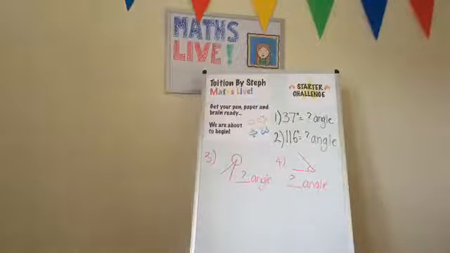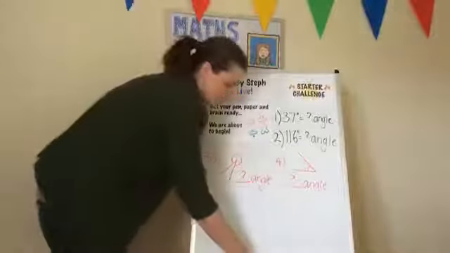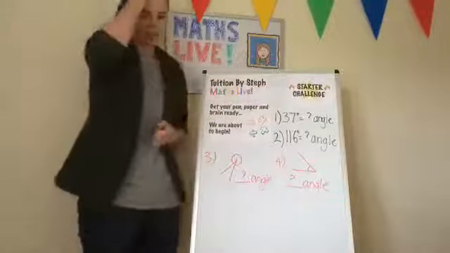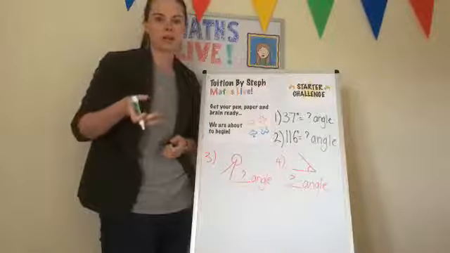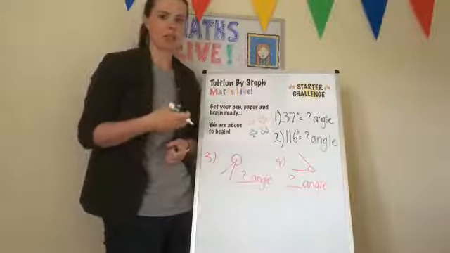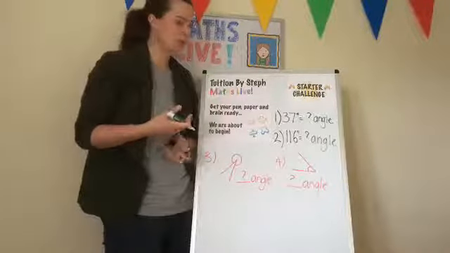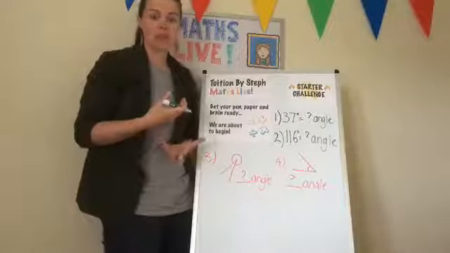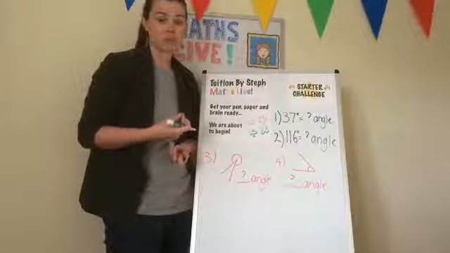Right, let's get started. We talked about yesterday all the different types of angles and we were identifying them. So this is a recap and then we're going to move on to calculating with them. We remembered yesterday that the types of angles are acute angles, which are the smallest types of angles.